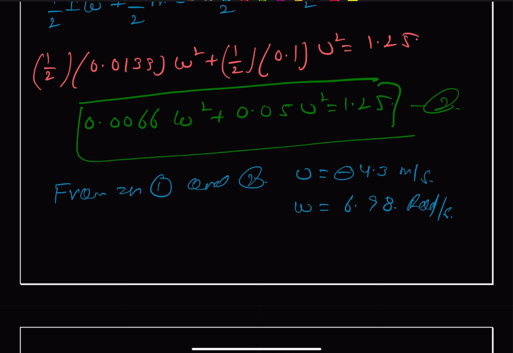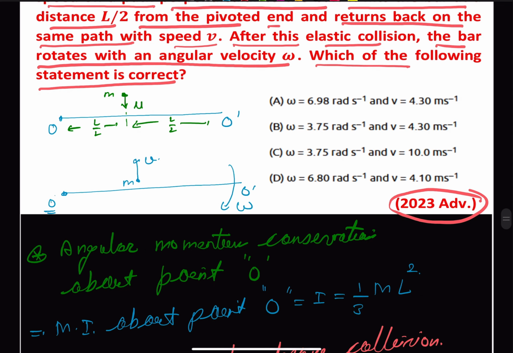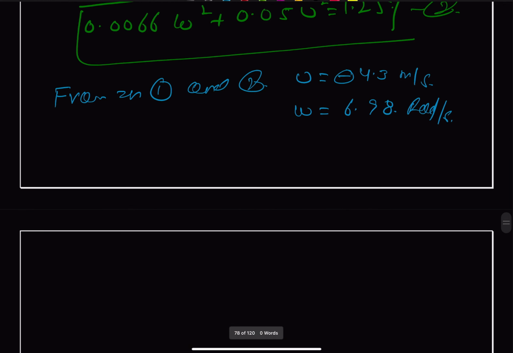So this is 4.3 and 6.98, so option number A is correct.